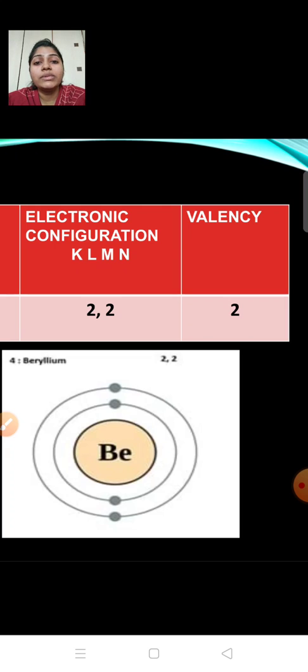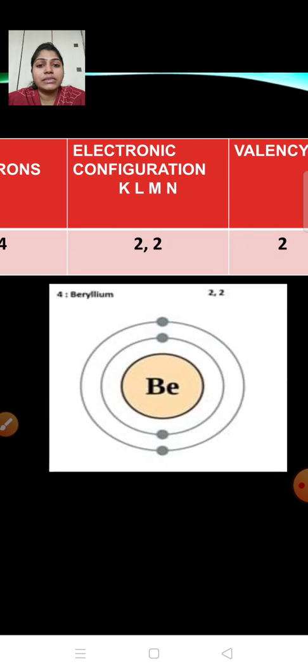Beryllium will lose those 2 electrons, right? Beryllium cannot accept 6 electrons and complete the octet. So instead of accepting, beryllium will lose those 2 electrons. As it loses 2 electrons, it will achieve stability. Okay, so the valency of beryllium is 2. This is the atomic structure of beryllium.